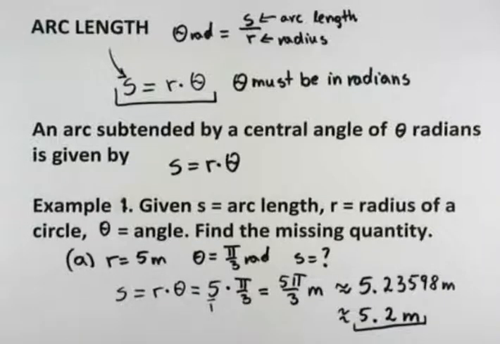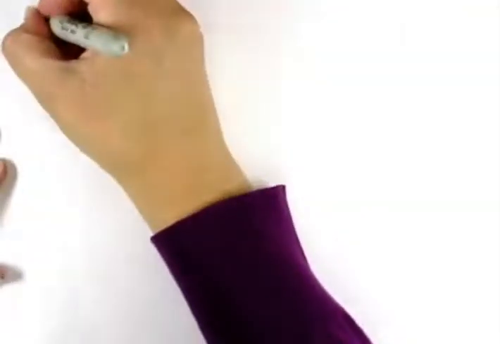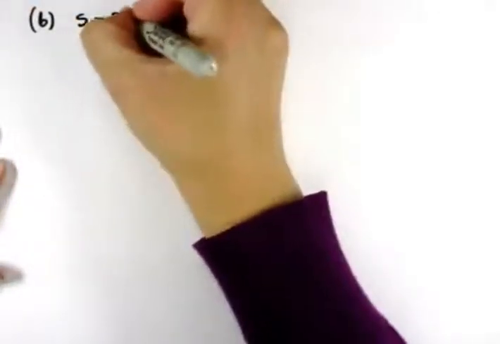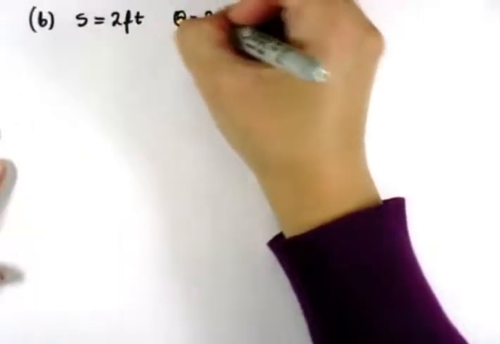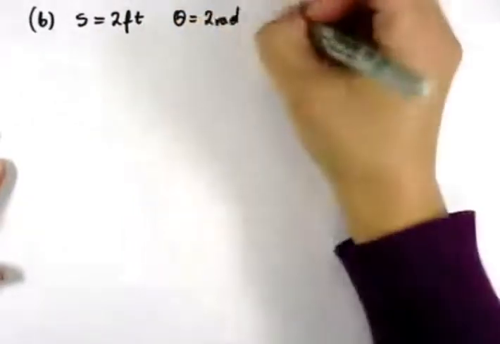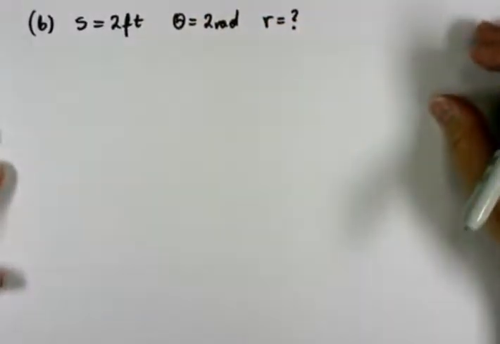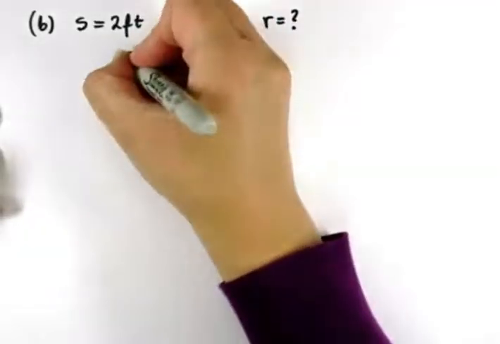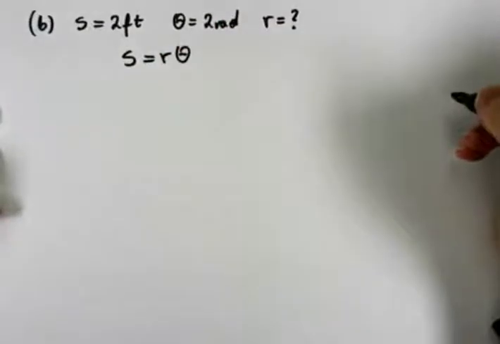Example B. We have that the arc length is 2 feet, theta is 2 radians, and we want to find the radius. So we use the arc length formula. S is equal to r theta. We substitute what we have.